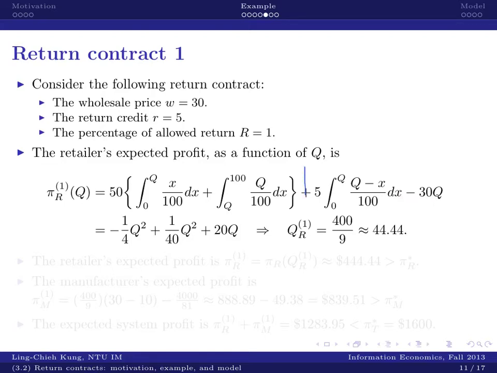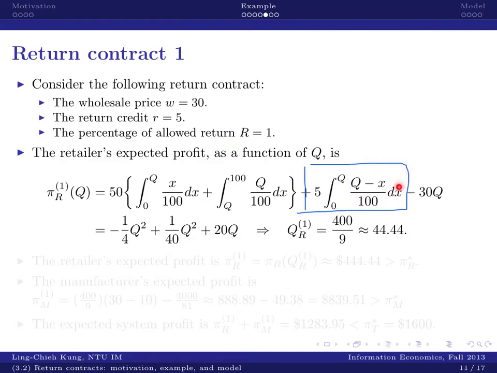The only thing that is new is here. This is what the retailer may get under this return contract. If the demand is not as high as Q, there will be some leftover.